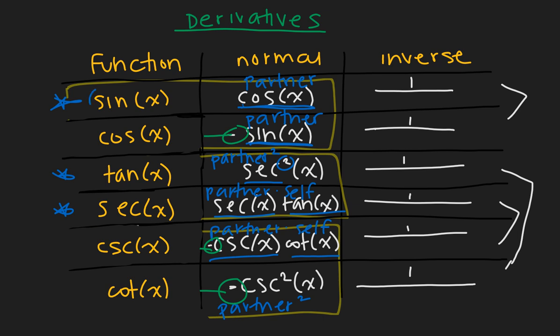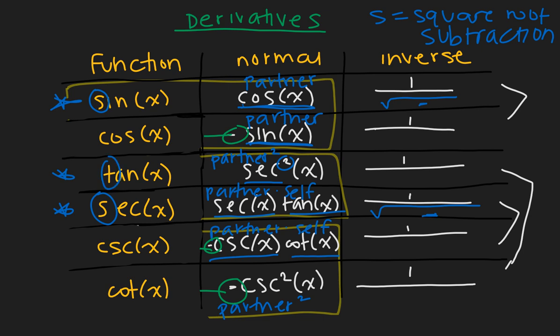For the ones with an s at the front, s stands for square root and also for subtraction. So, as you expect, we'll have a square root and some sort of subtraction. Now for tangent, you see that it looks like a plus sign, so we know that there's a plus sign here.